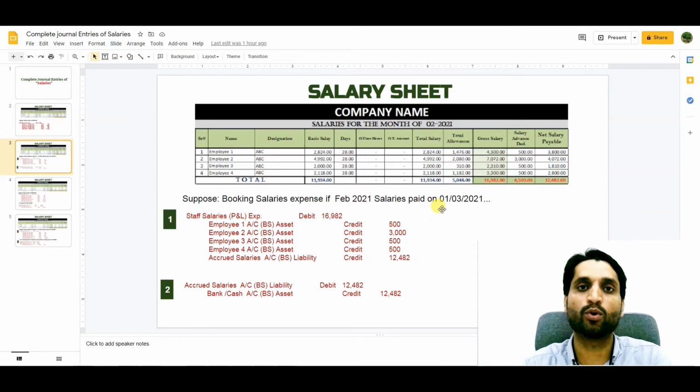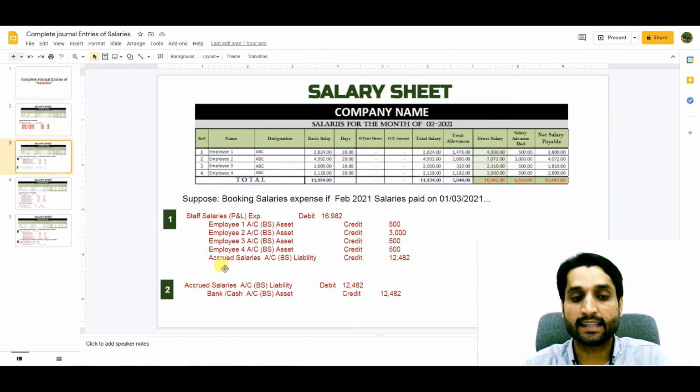So we need to book that expense in our accounting system. So staff salaries, profit and loss expense account will be debit with the same amount 16,982 as a gross salary. The deductions from the employees, like they are repaying us the loan, so all amounts here, 4,500 for the individual employee account, will be credit.